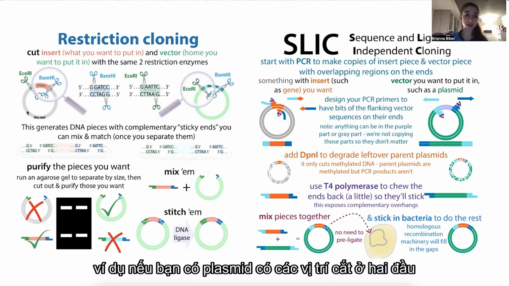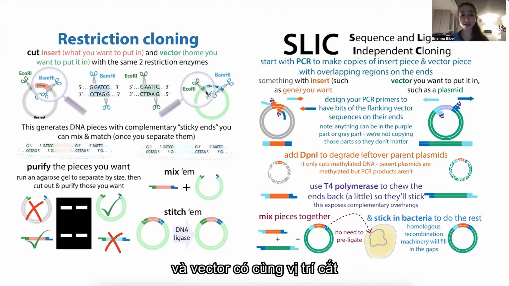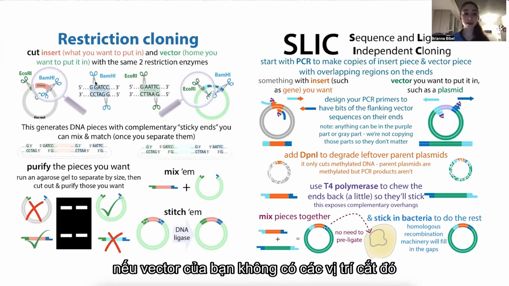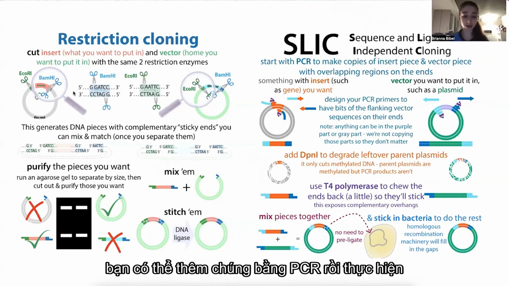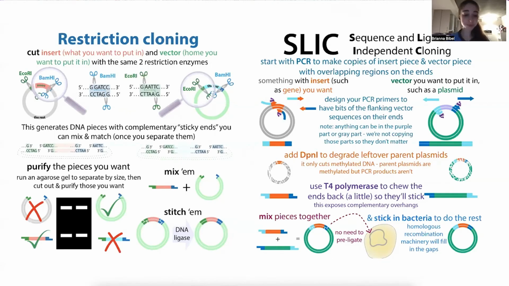So if you get a plasmid that has these sites on either end, and then you have a vector that has the same sites, then you can cut them both and mix and match. If your vector doesn't have those sites, you can add them on with PCR and then do this.